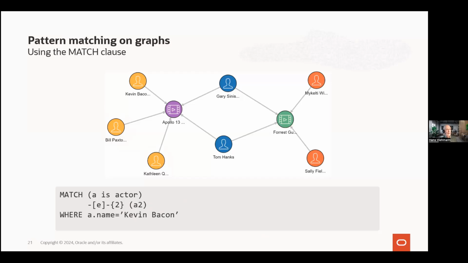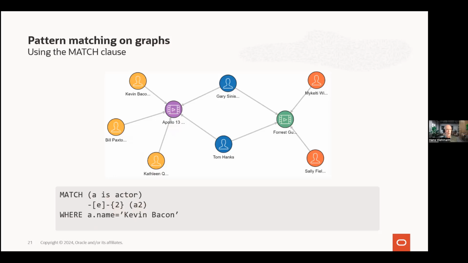If we ignore the edge, we can say, okay, I'm looking for all patterns where we are starting with an actor at some vertex, in this case, again, Kevin Bacon, and then I want two consecutive edges, and then we're ending up somewhere else. And through two consecutive edges, we're always ending up at some actor, and that's designated by these curly braces.